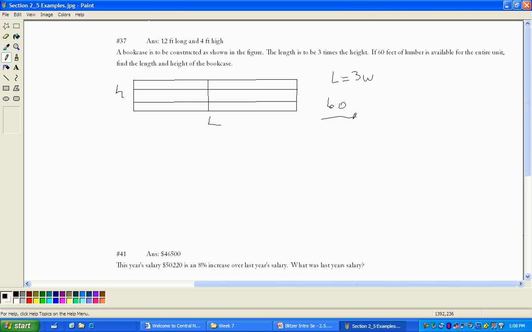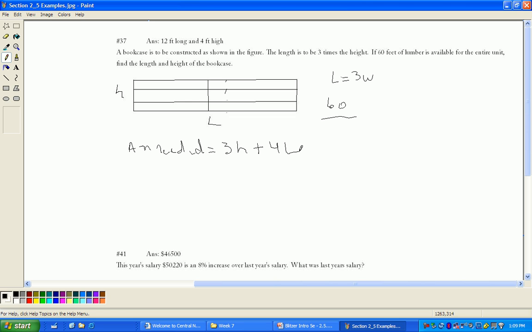So the first thing we want to do is figure out how much wood it will take to construct this whole thing if we only have 60 available. We want to use the maximum amount of wood so we can make it as big as possible. Looking at this, the amount of wood needed is going to equal, how many H's do we have? 1, 2, 3 H's, plus 1, 2, 3, 4 L's.